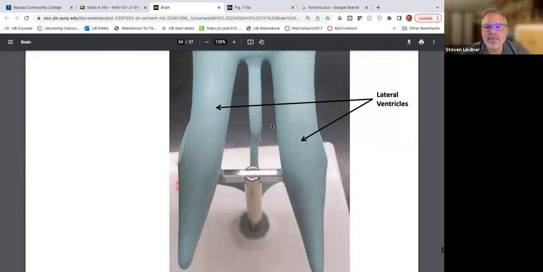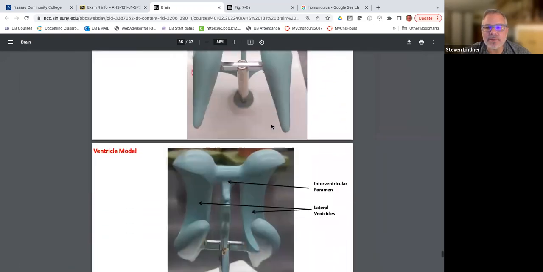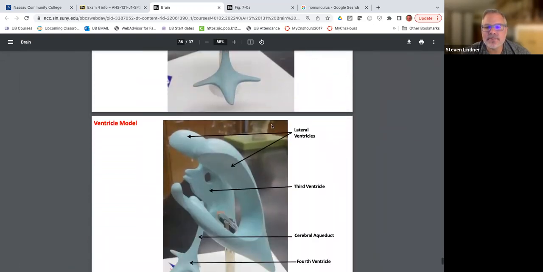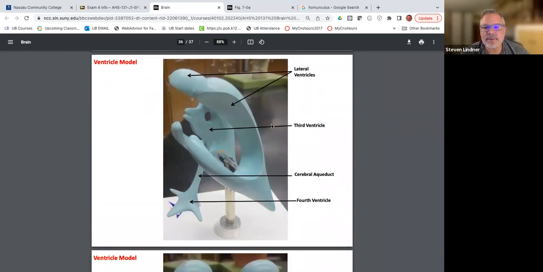Here. So here are the lateral ventricles. This would probably be the best view, looking at it from a lateral view. This is all deep within the brain and houses cerebral spinal fluid. Okay, this is one lateral ventricle, and on the other side would be a paired other lateral ventricle.